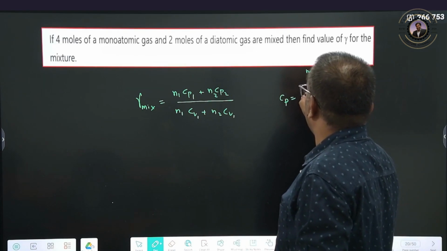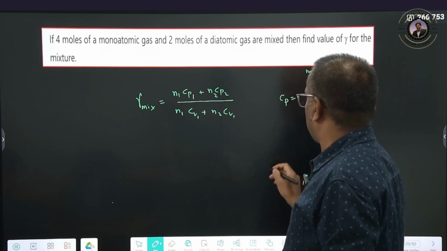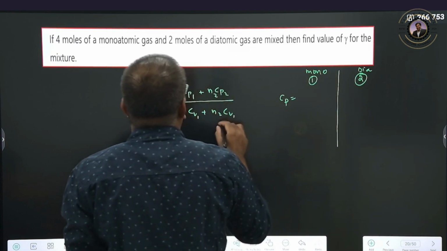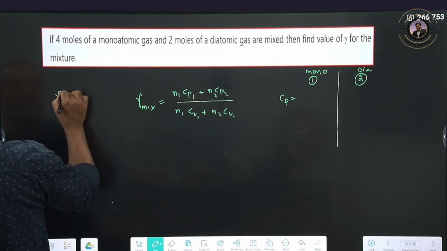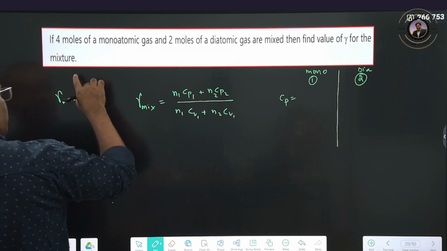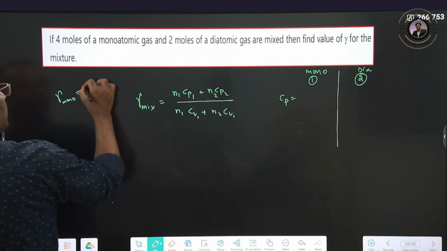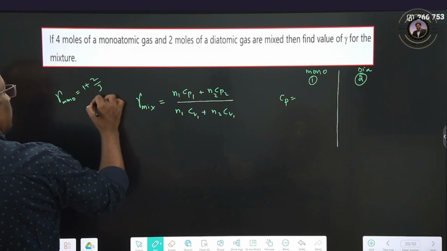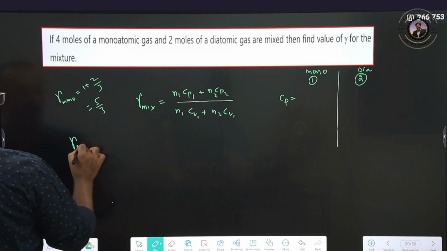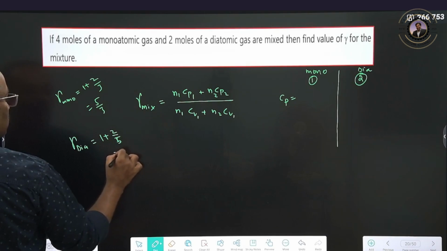For mono, gamma value is 1 plus 2 by f, so 1 plus 2 by 3, that is 5 by 3. For diatomic, 1 plus 2 by 5, so 7 by 5.